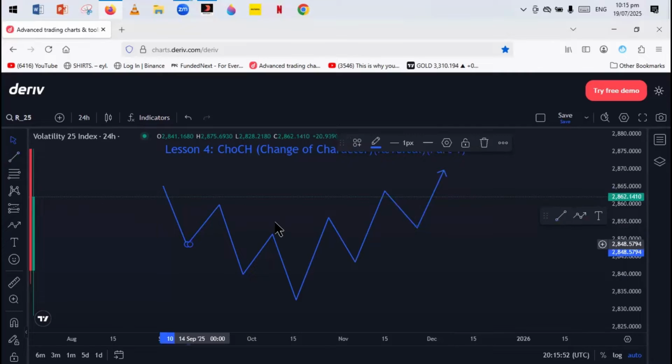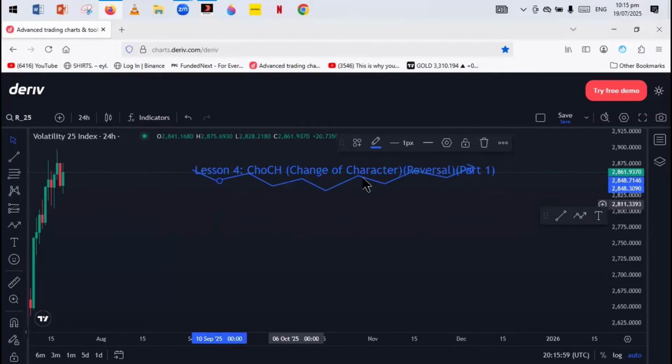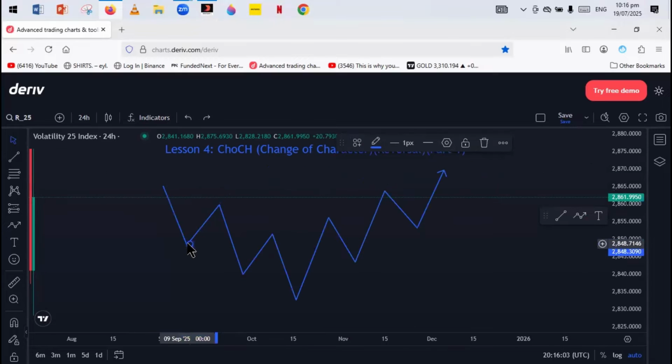We have price breaking structures to the downside. That is a break of structure.